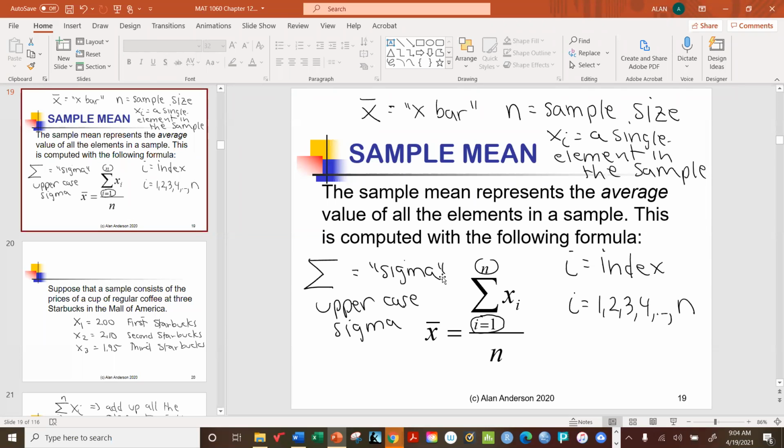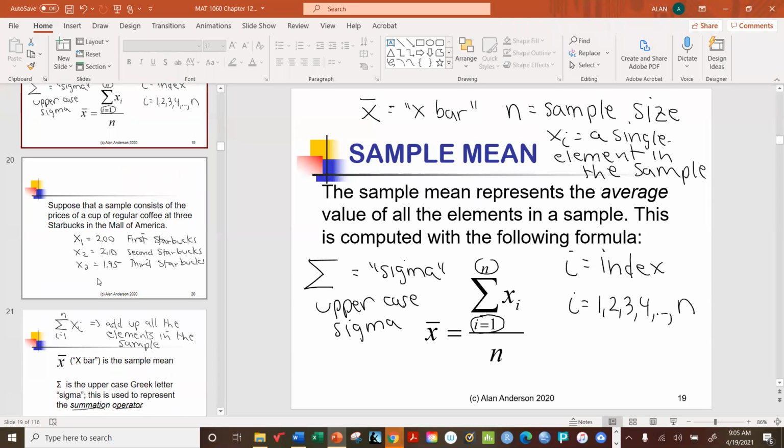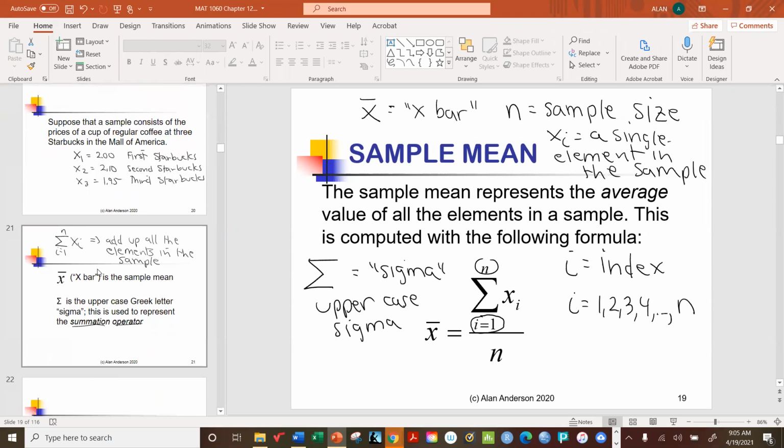So what went from 5 minutes ago a frightening looking formula has suddenly become very simple. Add them all up, add up all your elements in your sample, divide by the sample size, and you have your sample mean. It's just that simple.